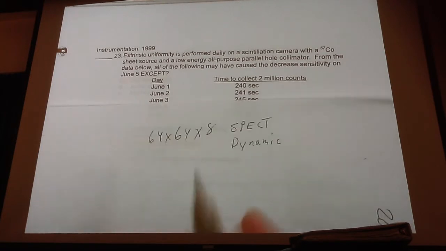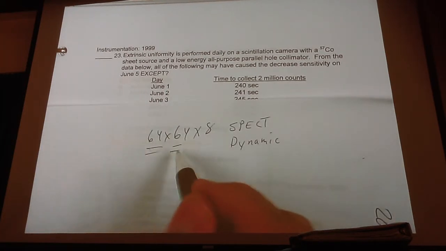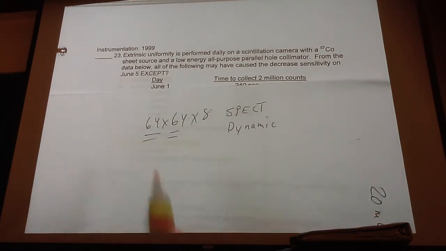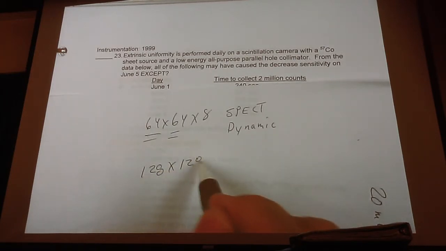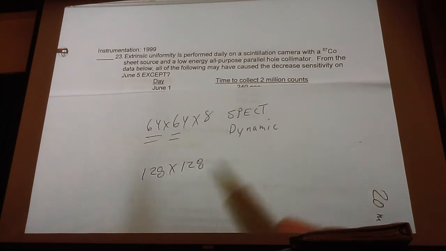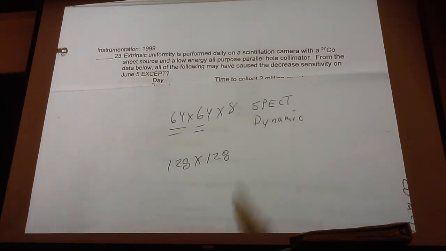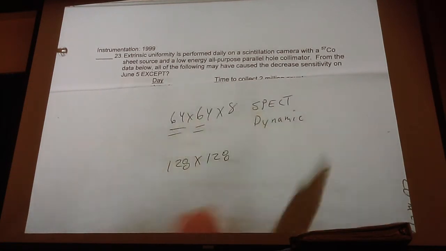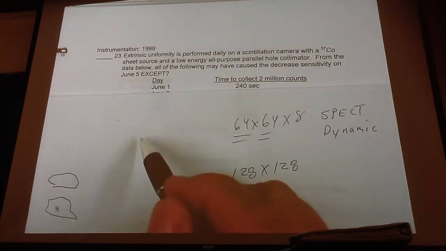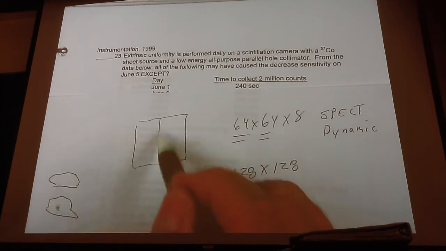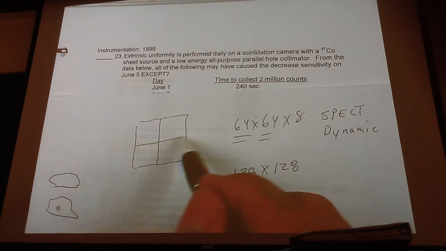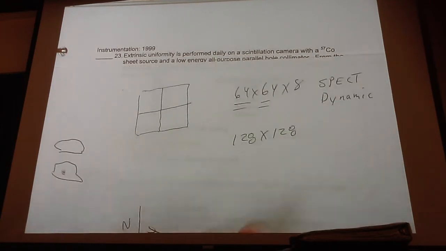Why do I use a relatively small matrix? Does it make it count faster? Well, remember going back to our statistics? You can fit more counts per pixel. Well, you're looking at a larger area. So let's say that this is 64 by 64.